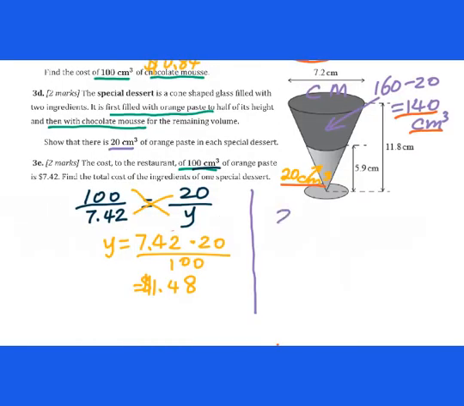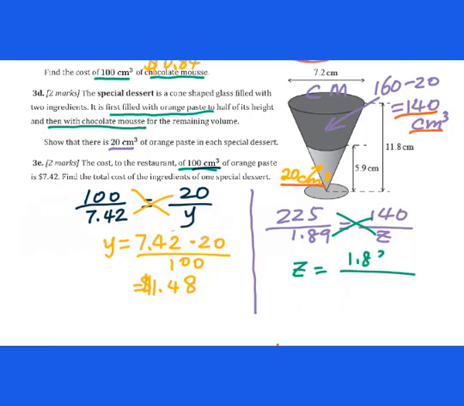So we have 225, 1.89 equals 140 over z. Cross multiply, z equals 1.89 times 140 over 225. You will get $1.18.